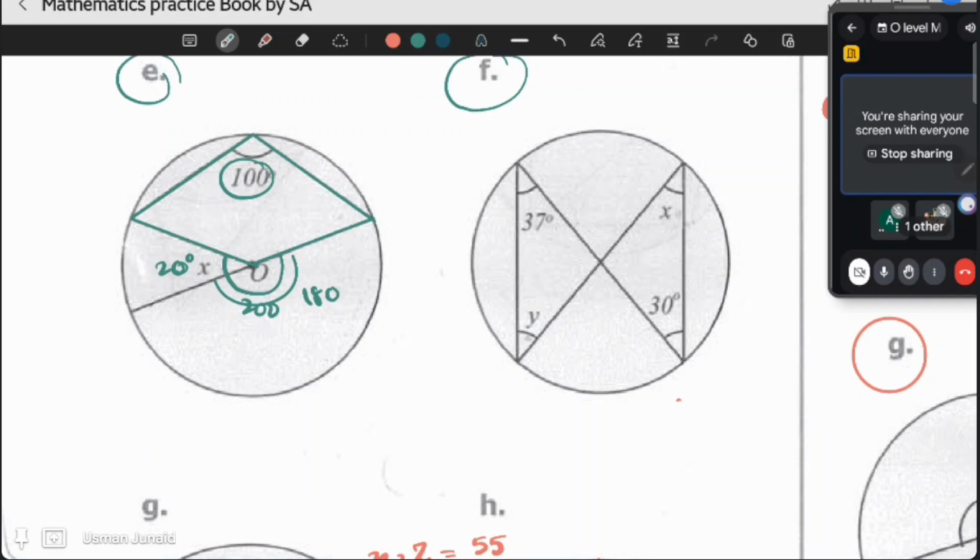F का क्या होगा? Sir, x is 37 and y is 30. सही.